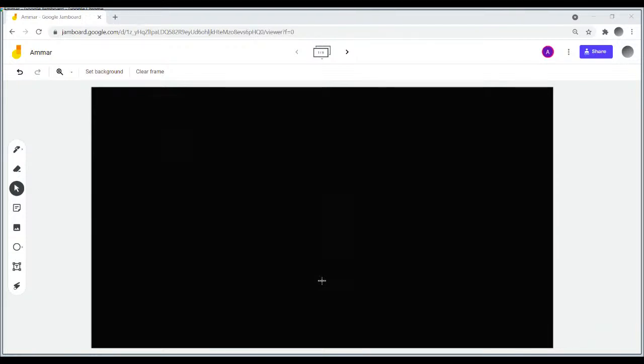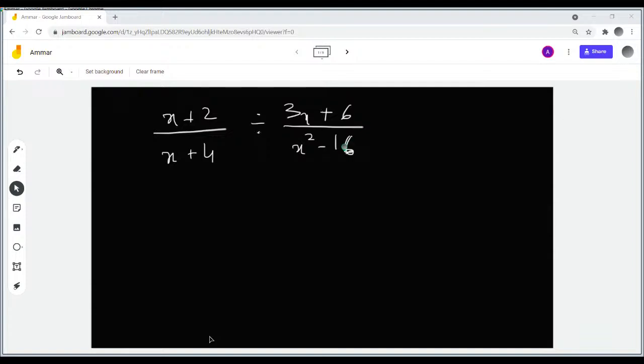So for example, I get x plus 2 divided by x plus 4, and then I have this whole thing divided by 3x plus 6 over x squared minus 16. So again, the first step would be to flip this second expression by changing the divided sign into the multiplication one.